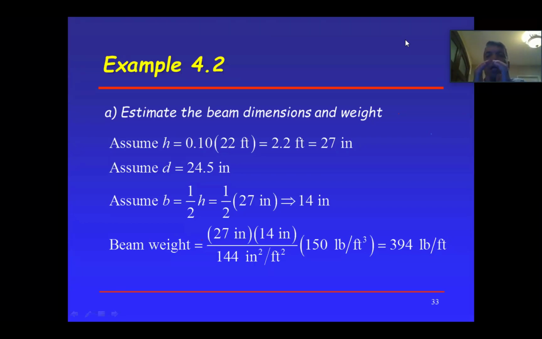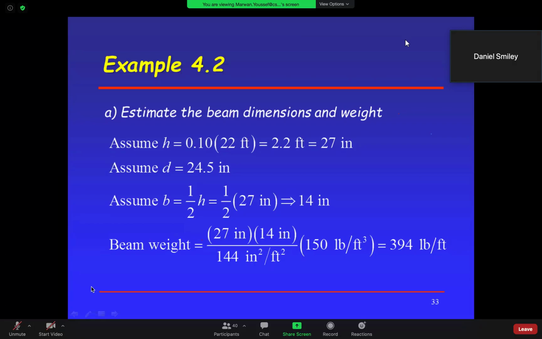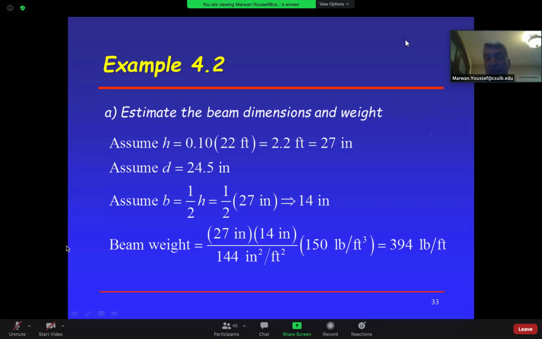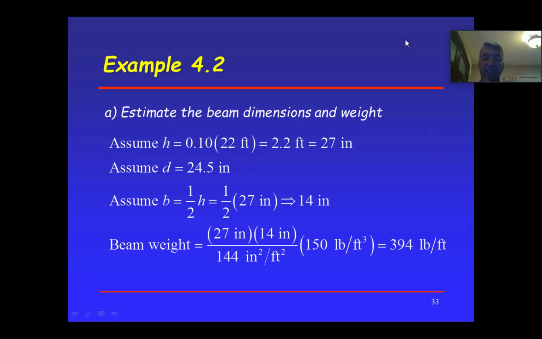It's not lumped in the middle. Does the beam weight eventually become part of the dead load? It is, absolutely. The majority of the dead load is the weight of the beam, especially if your span is long. Any other questions?